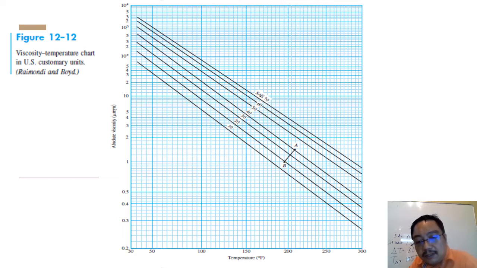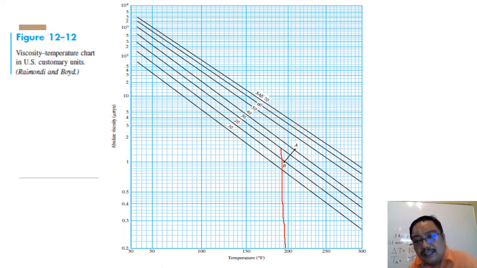At the number 200 here, that 195 degrees is approximately here, and then you extrapolate the line until you get SAE30. Because we use SAE30 oil in this question, where is SAE30? 1, 2, 3.